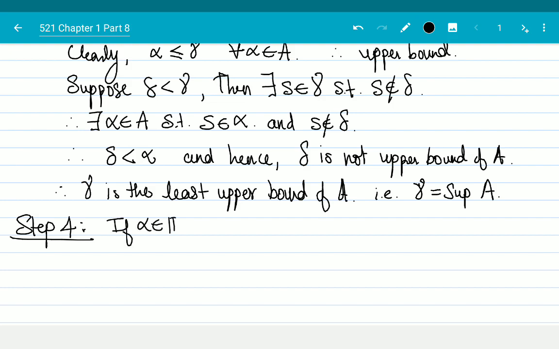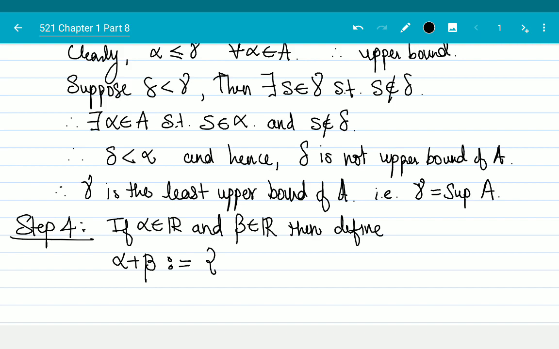If alpha is in R and beta is in R, then define alpha plus beta by definition to be the set of R plus S such that R belongs to alpha, S belongs to beta, and we are taking the set of R plus S, right?